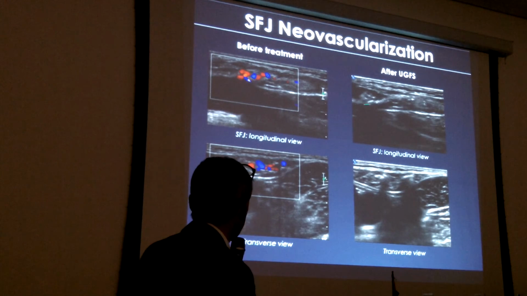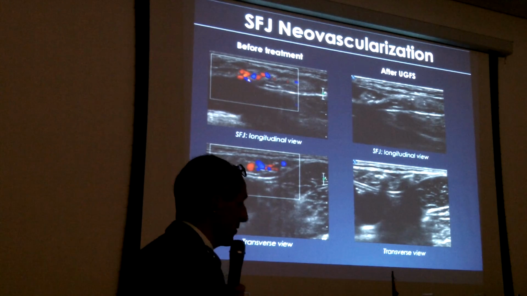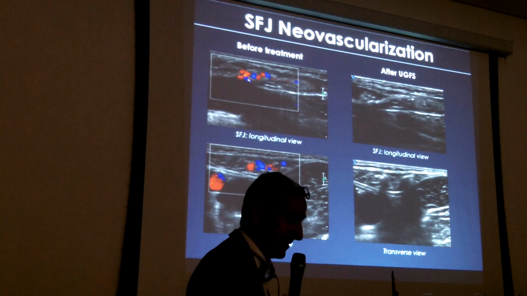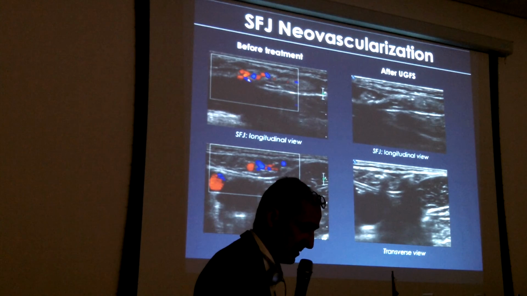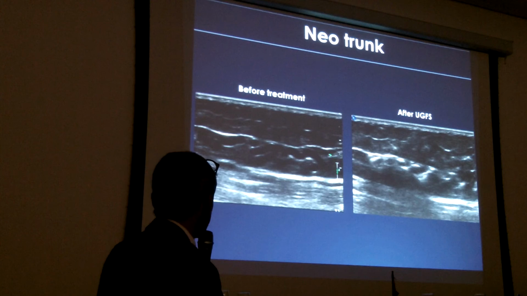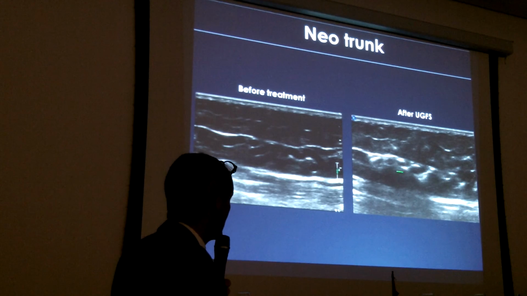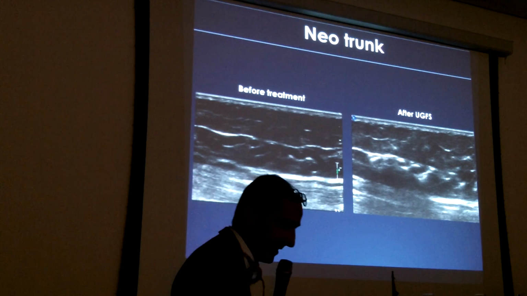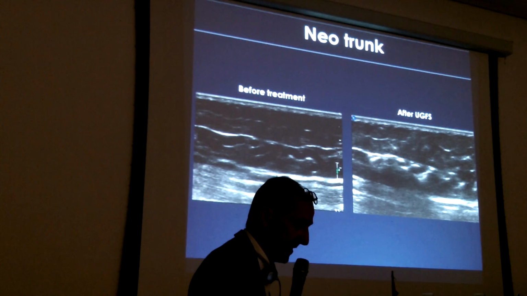You see here before and after treatment the complete occlusion of these small veins that are very difficult to treat with a surgical procedure. And it's the same, of course, for a neo trunk. This vein is very tortuous, and ultrasound-guided foam sclerotherapy is the only technique available to treat this kind of vein.